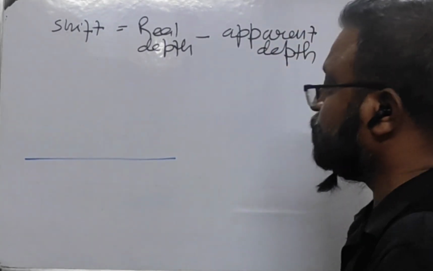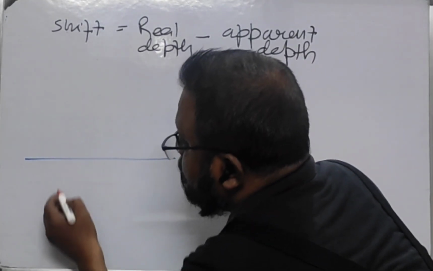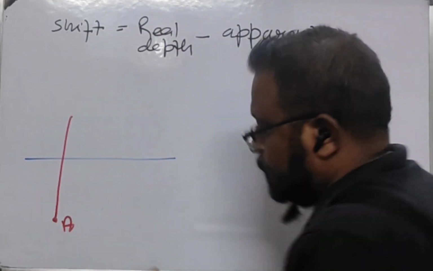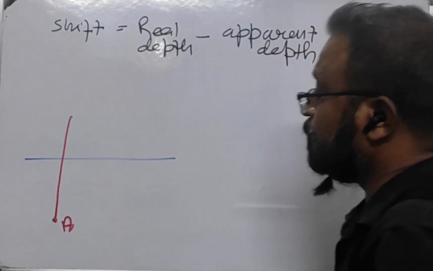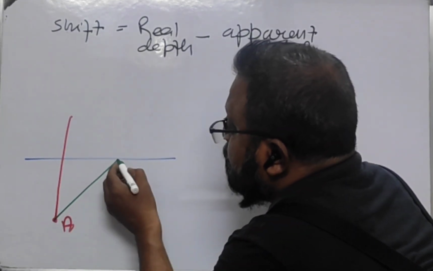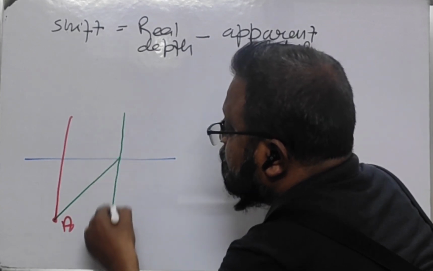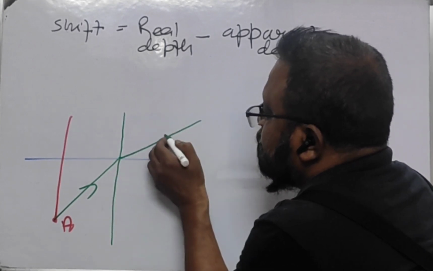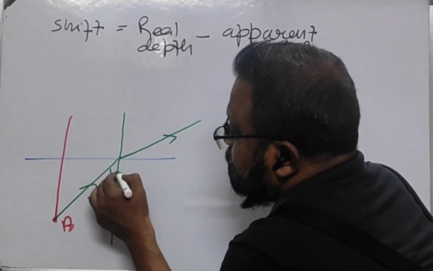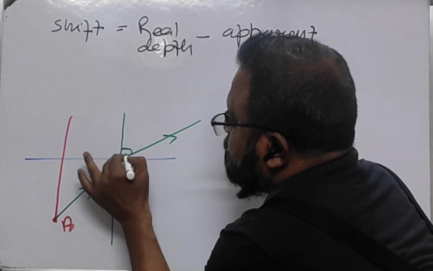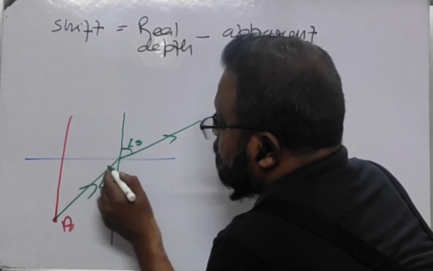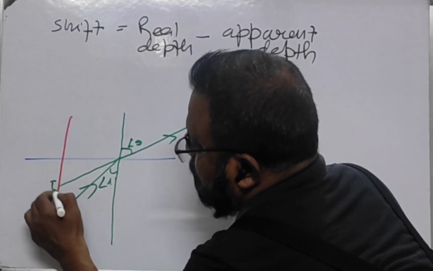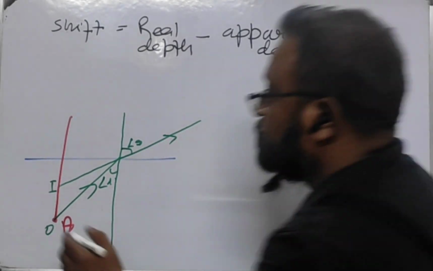This is the object O, and light rays are going like this. This is the normal, and it gets deviated, so it goes on this side. This is angle of incidence, this is angle of refraction, and it seems to be coming from here. This is I, this is object.